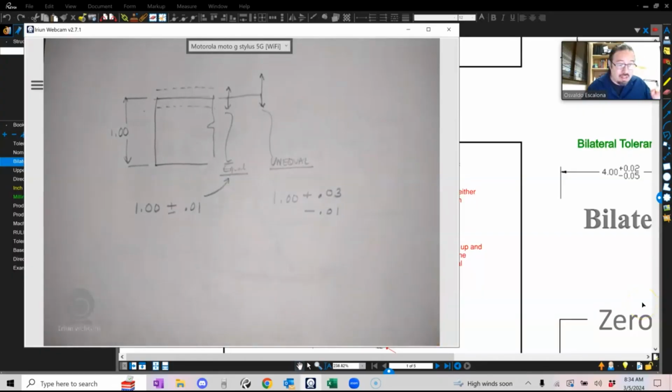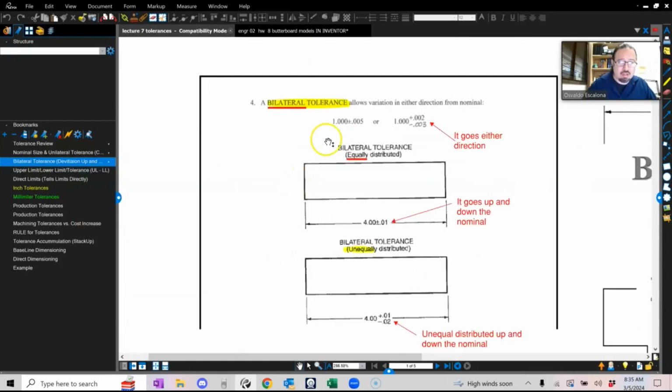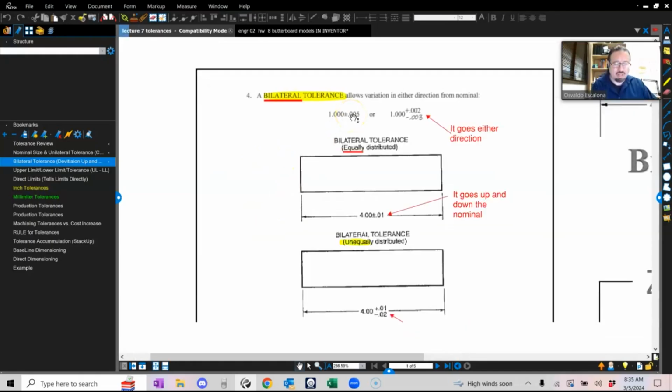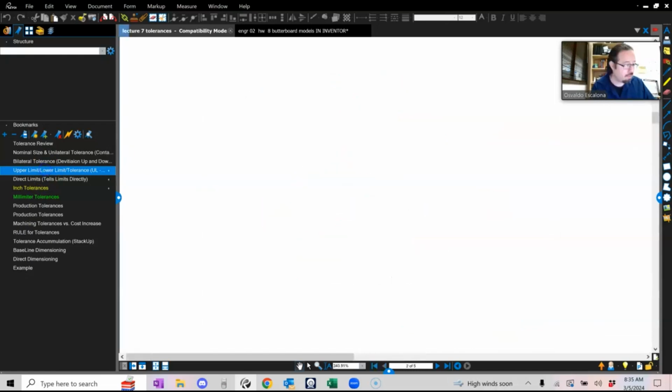Right, so I'm giving them more leeway in terms of how it goes in one direction than the other direction. That's pretty much what it means. Again, this is kind of the same concept. You will notice that with equally distributed, you go up and down equally, and with unequally distributed, you have different directions of growing. Let's talk about upper limit and lower limit.